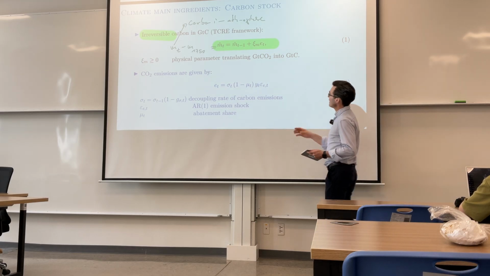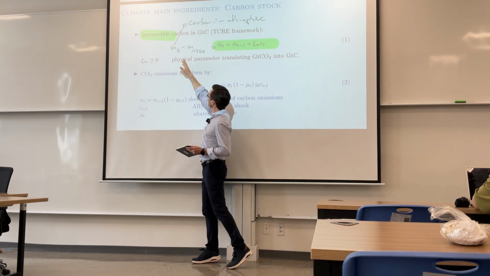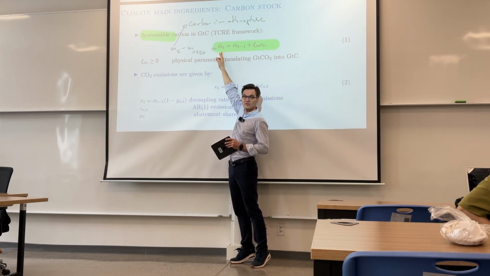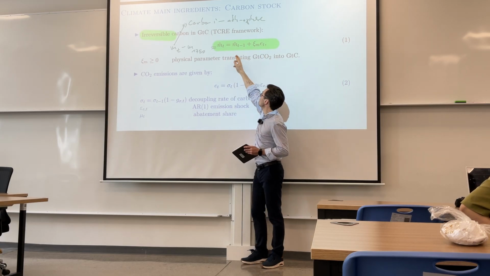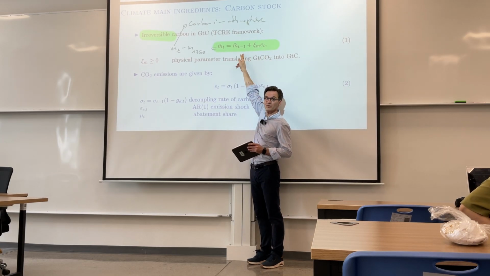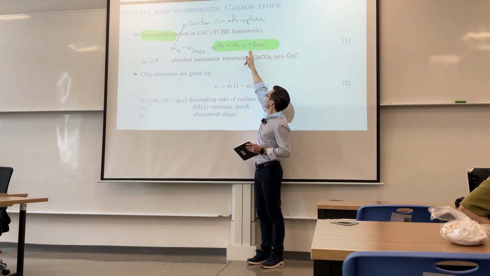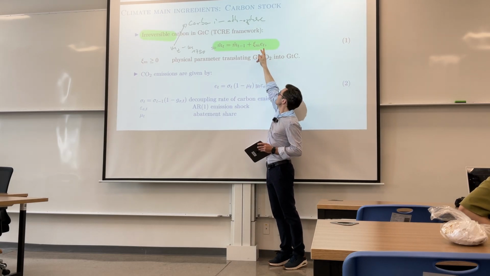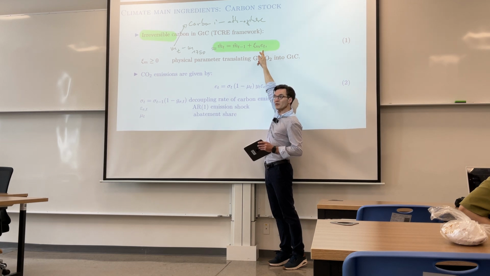So long story short, they model this carbon as irreversible in the sense that the carbon level in the atmosphere relative to 1750 today is the carbon level in the previous period, plus a parameter I'm going to discuss in a second, times the new emissions in the current period.